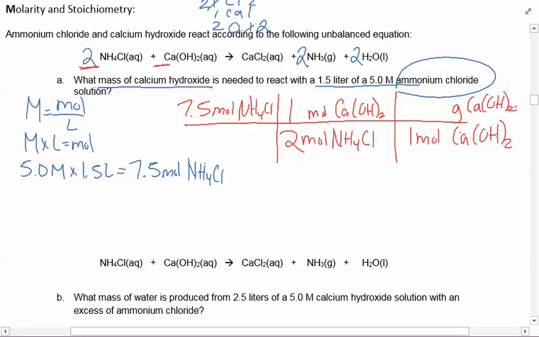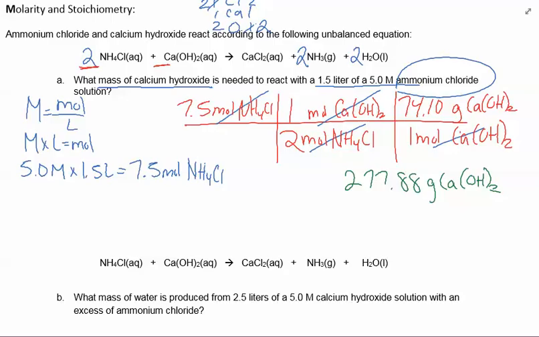So in order to figure out grams, we'll need to look at the periodic table and calculate the molar mass. So we calculate it to be 74.10 grams. We can now calculate the problem and answer the question. Notice things are canceling out. Moles of ammonium chloride cancel, and moles of calcium hydroxide cancel. Okay, so your calculator should give you 277.88.